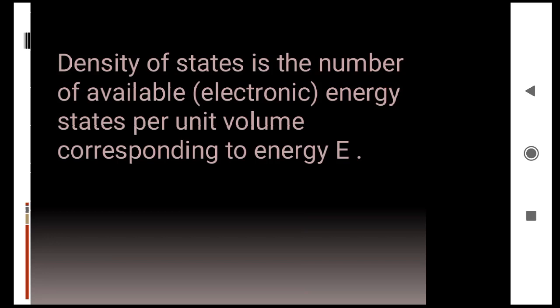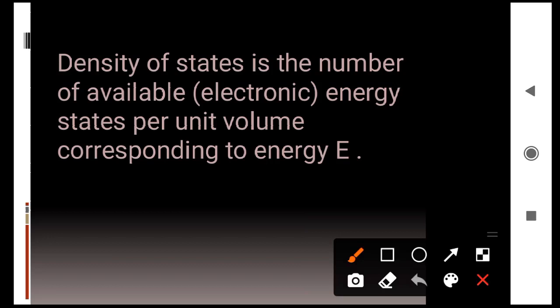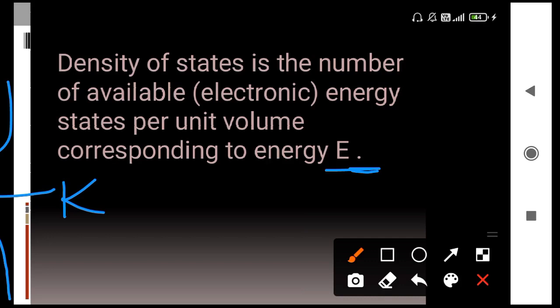Now coming to our density of states. Density of states is the number of available energy states per unit volume corresponding to energy E. See, in the E-K diagram, we say that for a particular value of K, there is a particular value of E. Okay, this is what we will study in our E-K diagram.